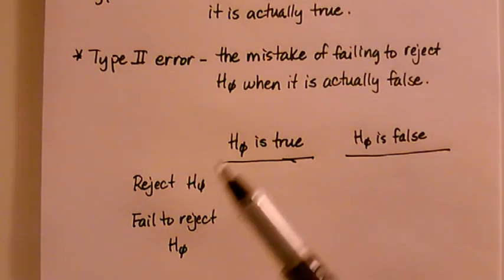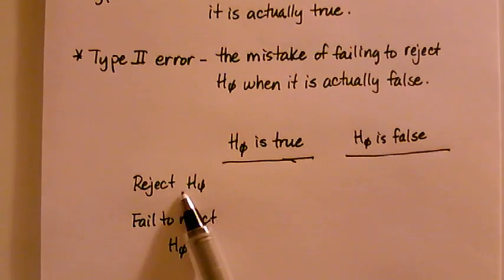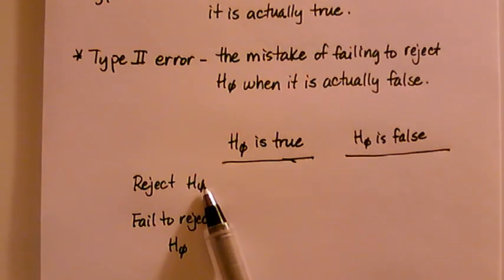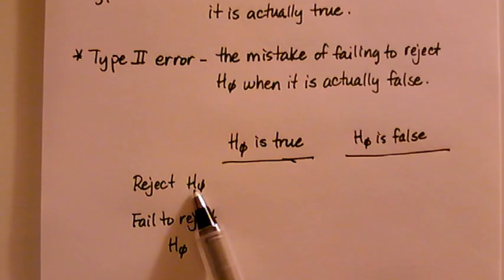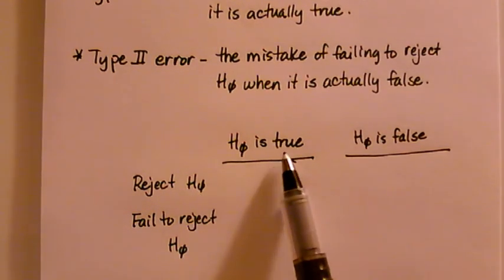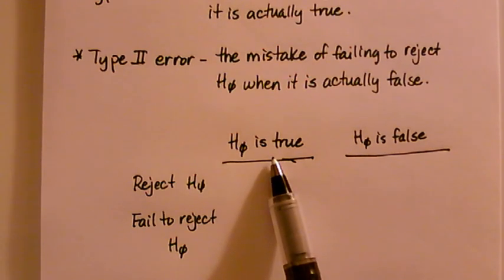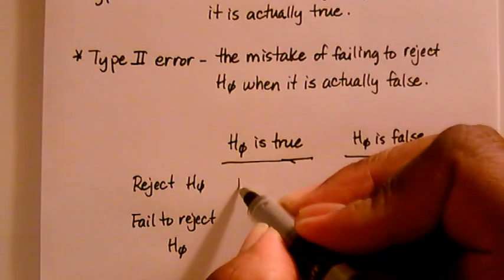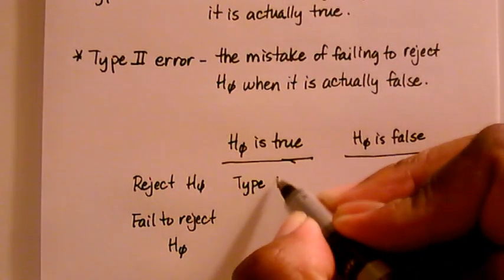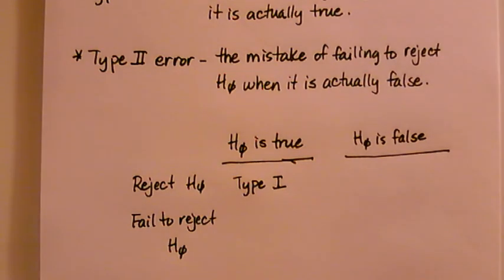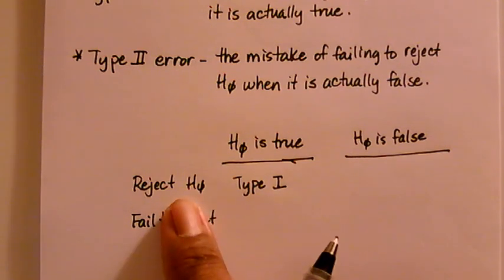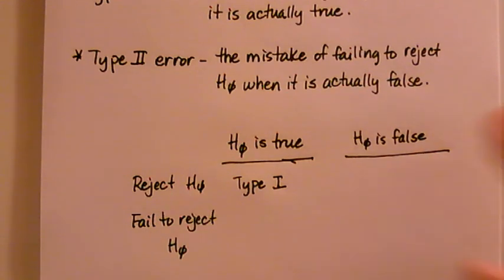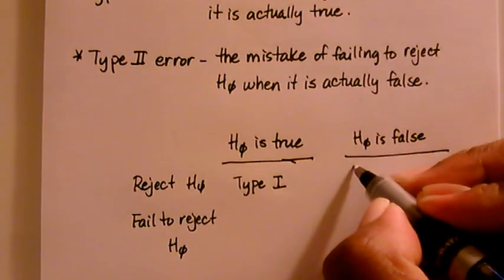Okay. If you reject the null hypothesis, you cross it out, but it is true, then that is a type 1 error that you have committed, as you have rejected a true null hypothesis. You reject the null hypothesis, you throw it out, and that null hypothesis is false. That's the correct decision.